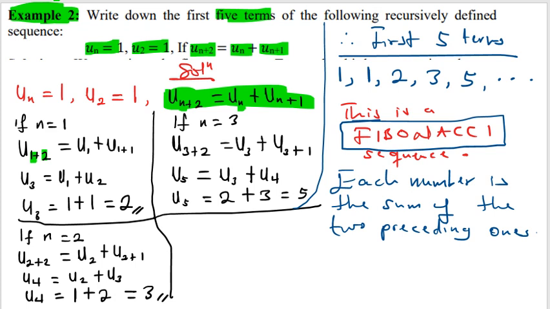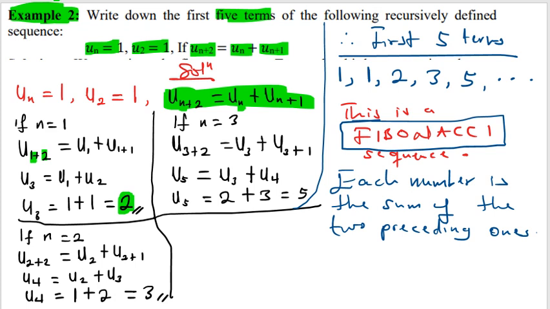But you can see that u1 has already been given in the question. So our u1 is 1. And our u2 here is going to be 1 again. So we have 1 plus 1, which is 2. So that gives us our third term.